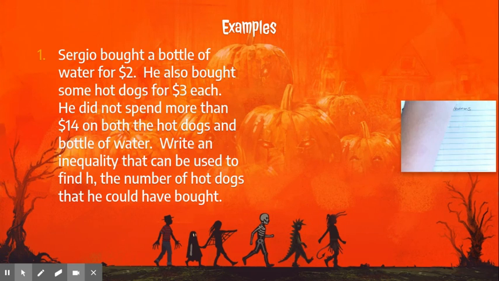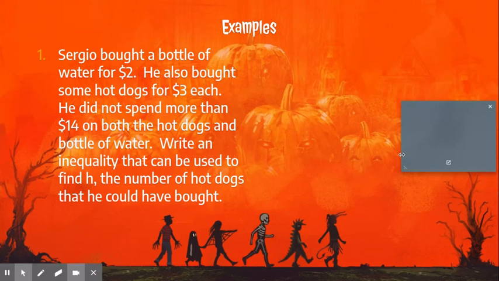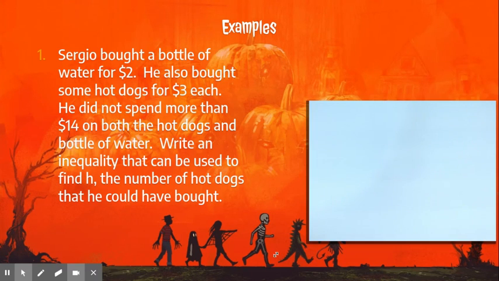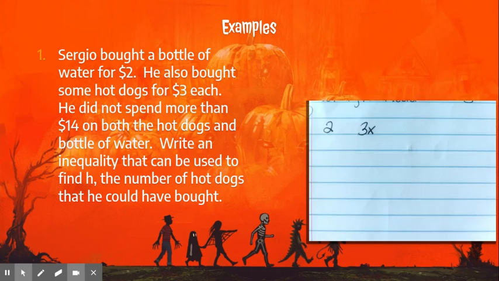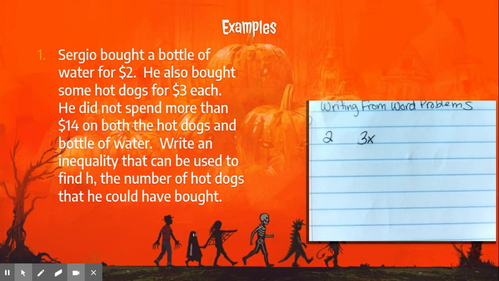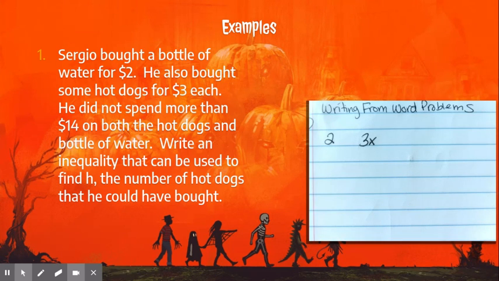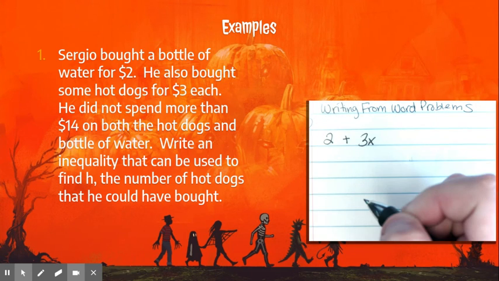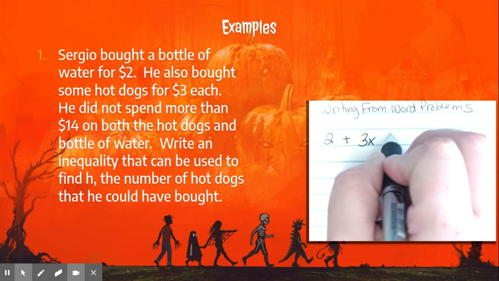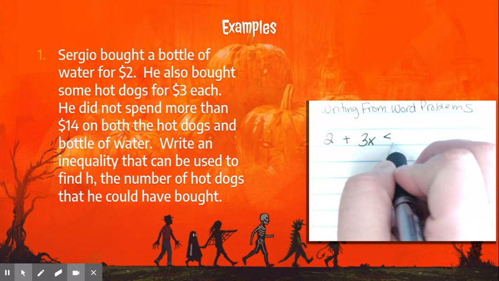And then he did not spend more than $14 on both the hot dogs and bottle of water. So no more than. We're going to add them together because he bought both of them, and then no more than means this has to be less than or equal to $14.